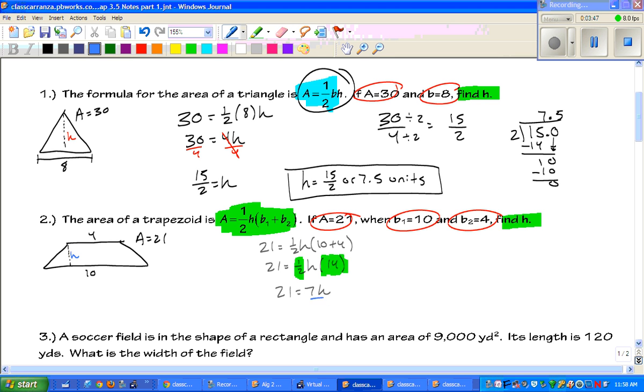And now divide both sides by 7. We get that the height is 7 units. Not 7, guys. What's 21 divided by 7? 3. Okay? Not too bad, is it?